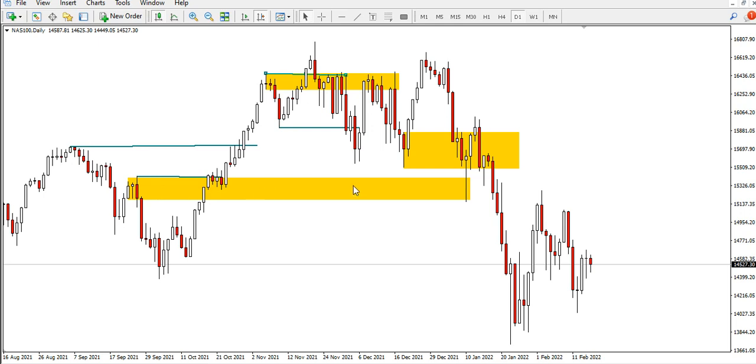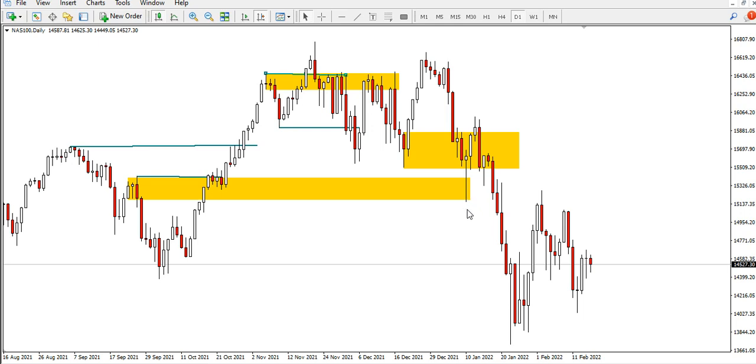So this was our point of interest, and then finally it was mitigated, and then price pushed up a little bit, and then this high failed to take out this previous high, and after that the new structure was formed, which broke this structure, the structure that started here.